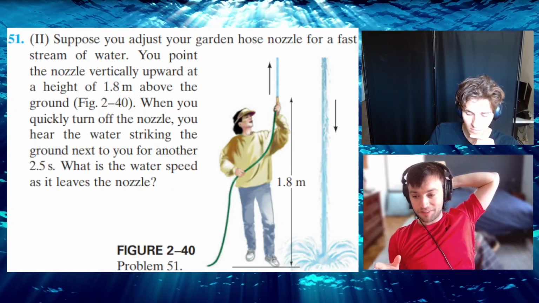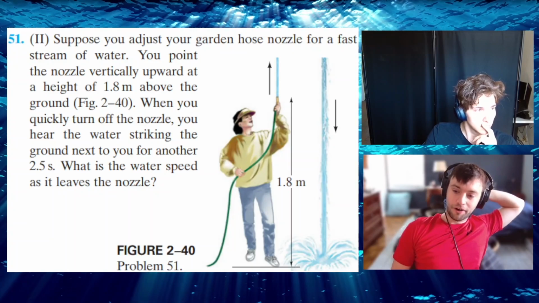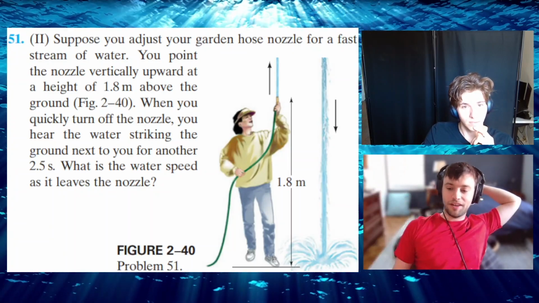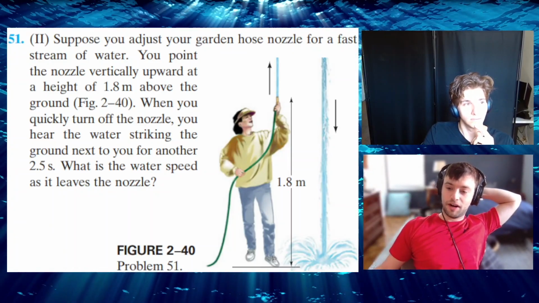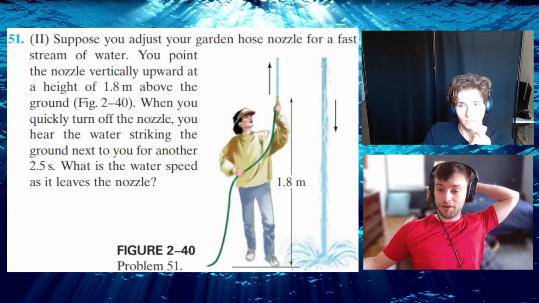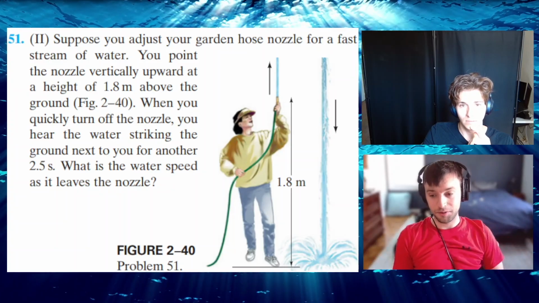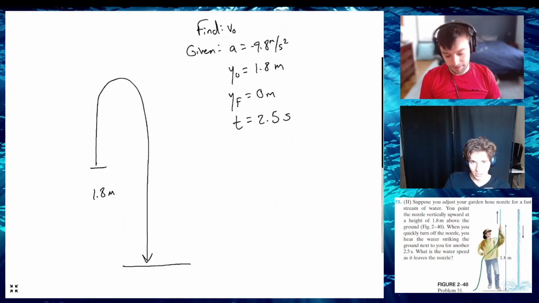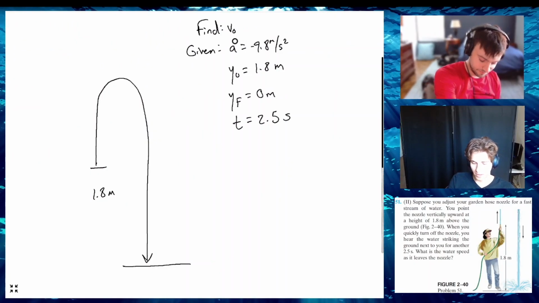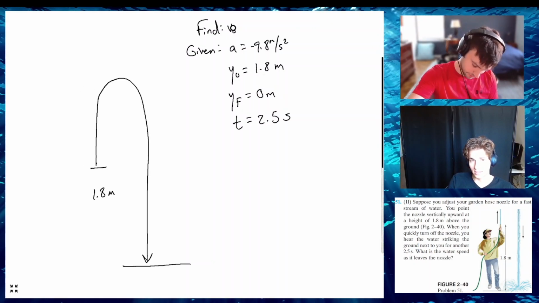So I think that's like the initial contact of the water after it's gone up and down and hitting the ground, and also for how long it continues to fall there, showing like how much water was let out of the hose.